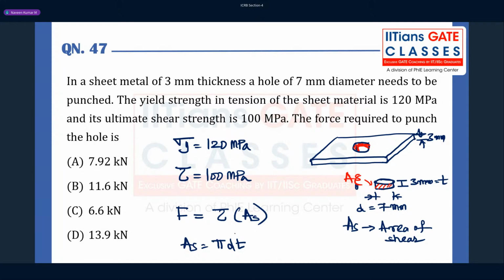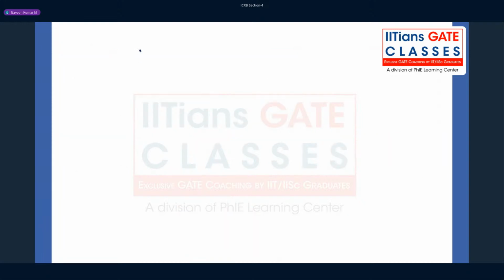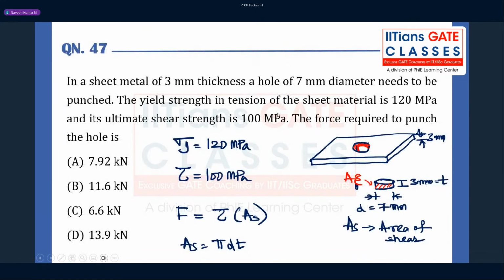Now d is given, t is given, tau also is given. You have to find F. So F is equal to tau into AS, that is tau into pi d t. What is the value of tau? Tau is 100 megapascal, into pi into d, which is 7 mm.